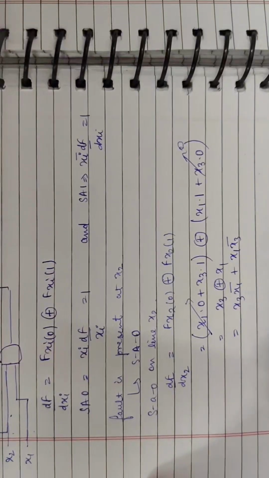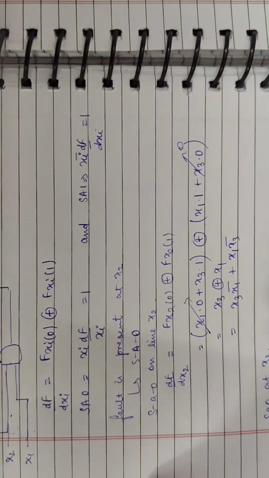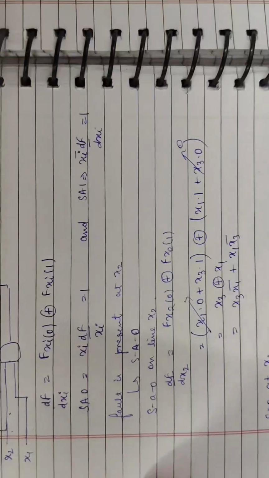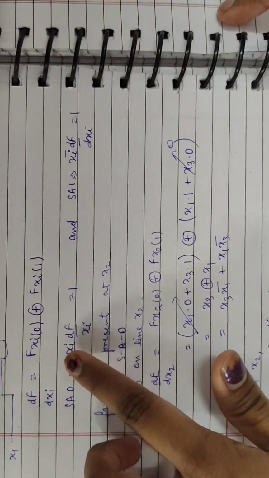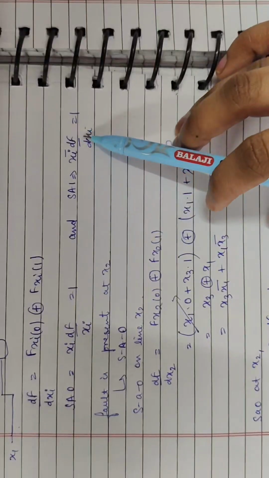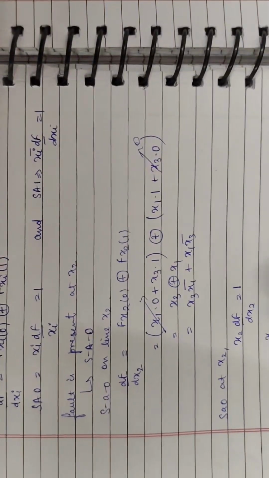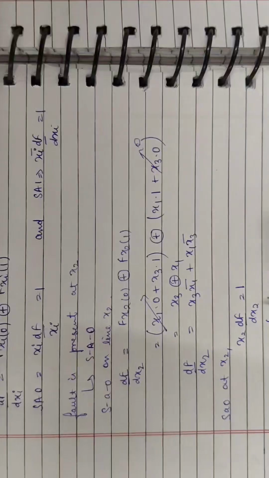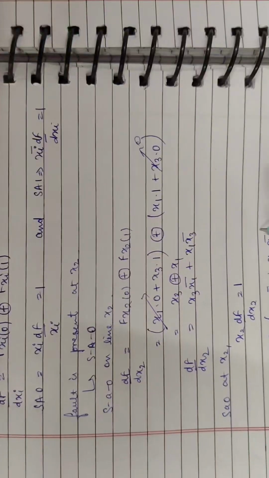And after that, for stuck at 0 at x2, we will calculate x2 df by dx2 equal to 1. As I already showed above, for stuck at 0 we calculate xi df by dxi equal to 1, and for stuck at 1 we calculate xi bar df by dxi equal to 1. So here df by dx2 we calculated as x3 x1 bar plus x1 x3 bar.